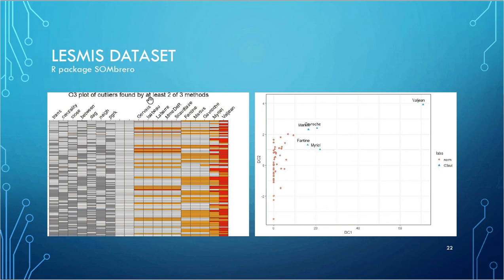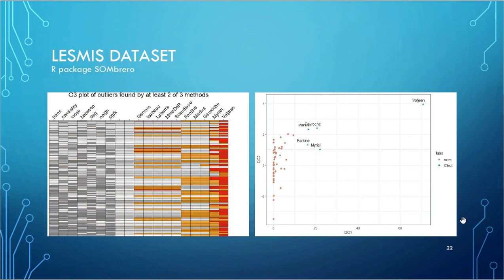Three methods worked on it, and if it's an outlier using all three methods, it comes in red, and if it's by two, it comes in orange. Then we have Muriel and all these other characters coming this way, less outlying.